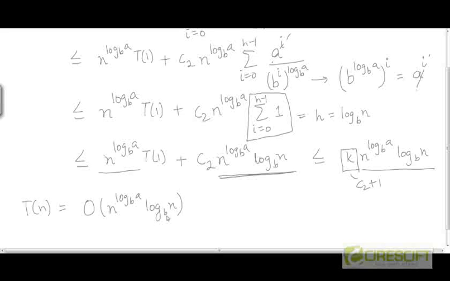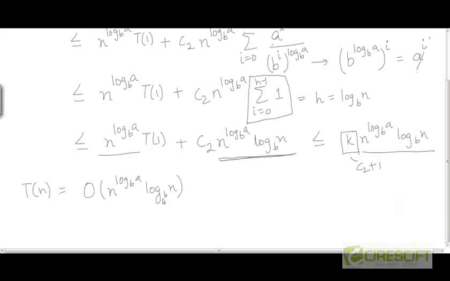This base b doesn't really matter because we can change the base of the log by multiplying or dividing with a constant number using the properties of logarithms. So the base is not going to make a difference in the asymptotic complexity here.